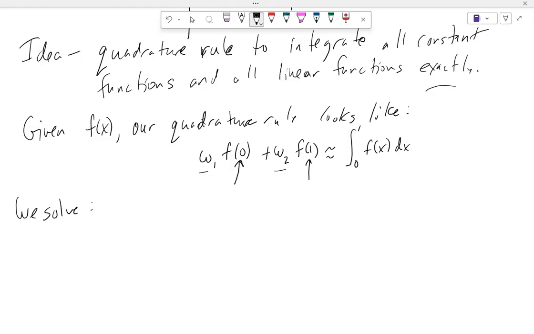I said that I want to integrate all constants and all linears exactly, right? So I want the integral from a to b of 1 dx to equal some weight times f of 0 plus some weight times f of 1. And I want the same thing if I put an x in here.